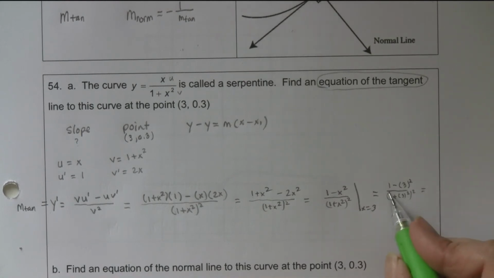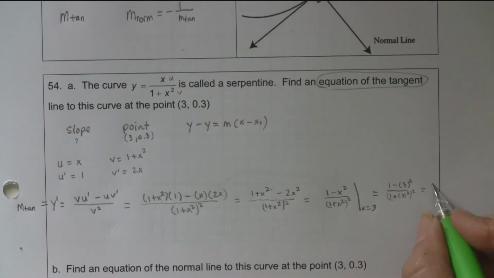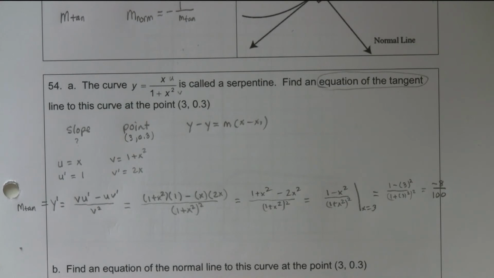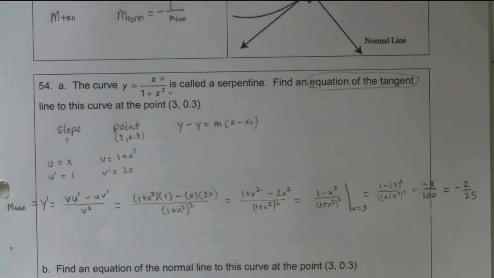And so let's see, 1 take away 9 is negative 8, over 1 plus 3 squared is 9, that's 10, 10 squared is 100. And 8 over 100, that does reduce to 2 over 25. So this is negative 2 over 25. And that's cool. We did a lovely job on that.